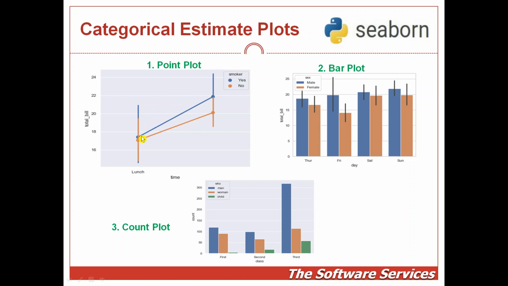This is the mean. Let us first consider the blue line, okay. Blue line means smoker, yes. So for a smoker in the lunch time, this blue line is the total bill paid during the lunch time, and the point tagged here is the mean point.